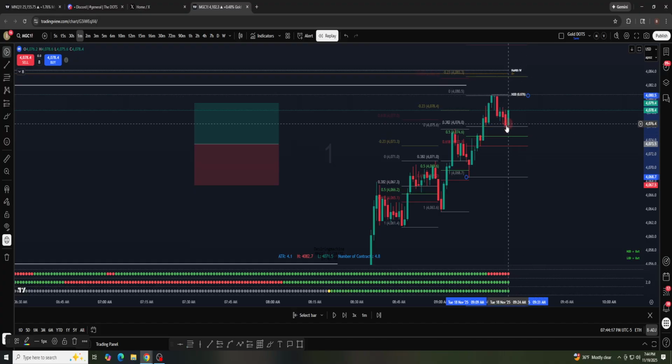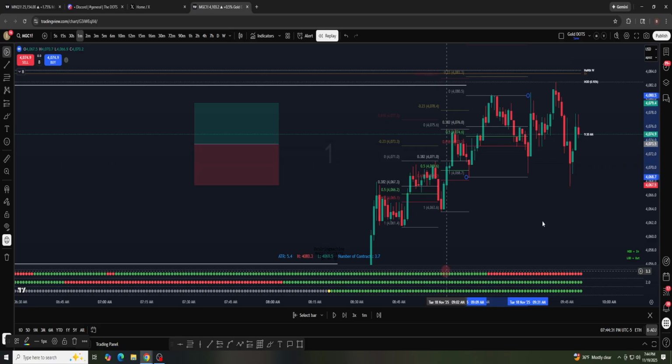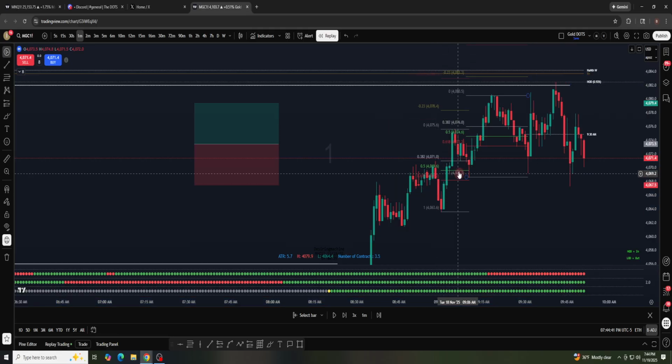Close enough. So, the 38.2 trades. Okay, so dip to the failure level here. Doesn't take. There we go. And that previous high was taken right there. So price isn't always this clean, but hopefully that gives some kind of understanding.